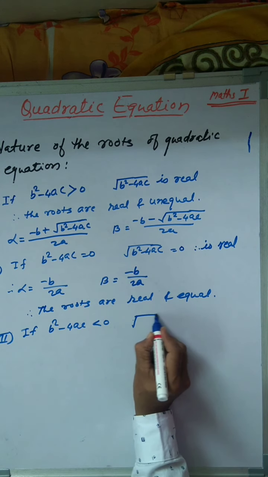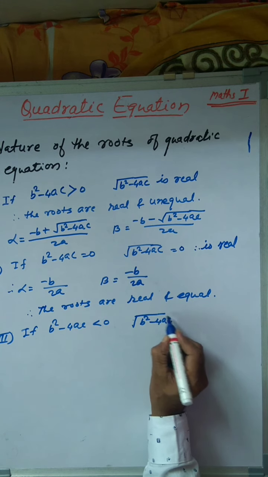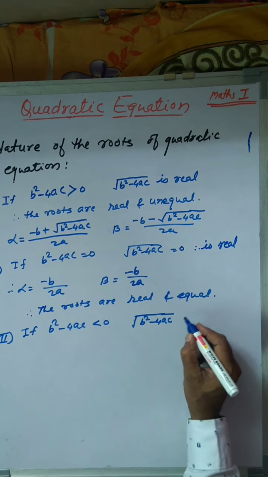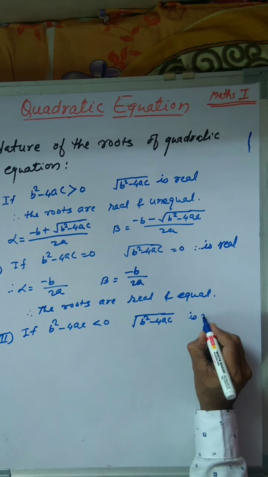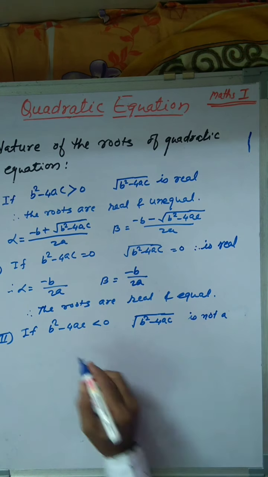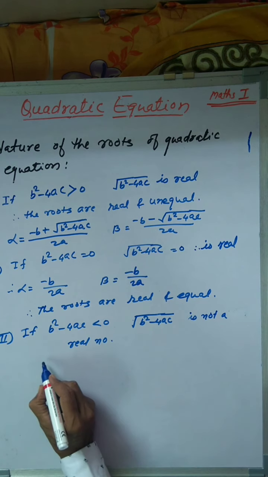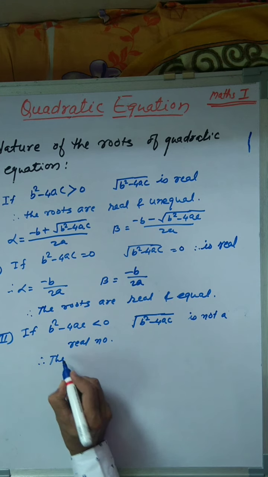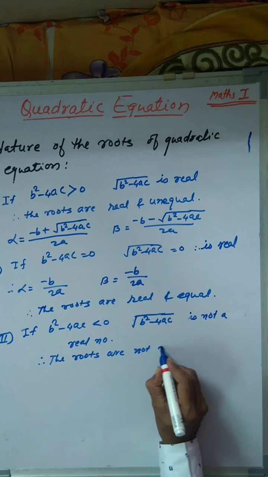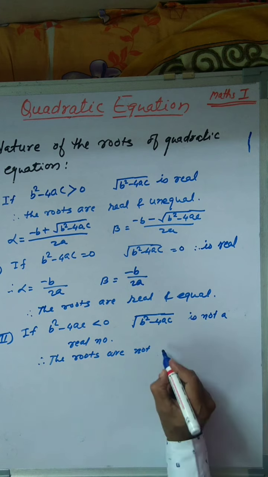Then we have the root of a negative number, which is not possible, and hence this is not a real number. Hence the roots are not real numbers.